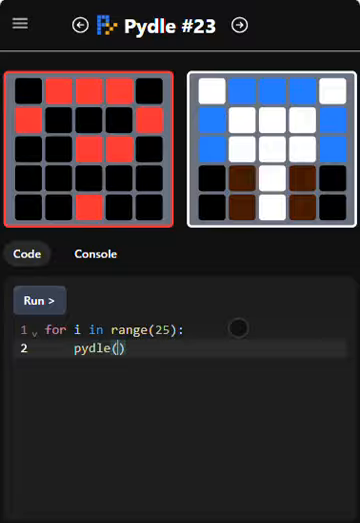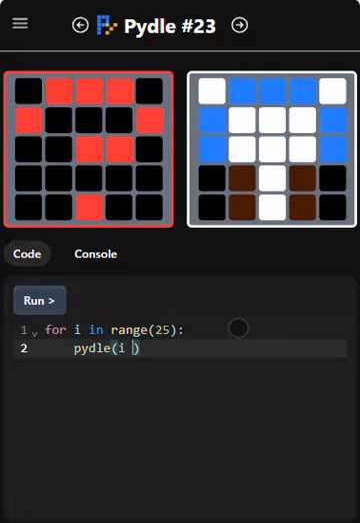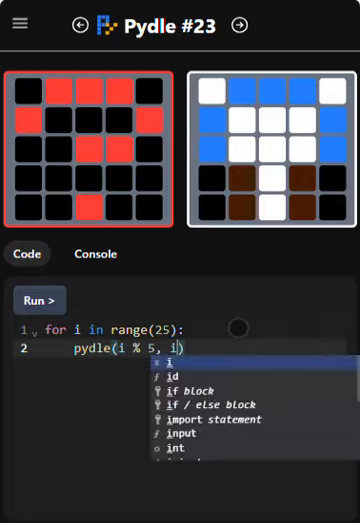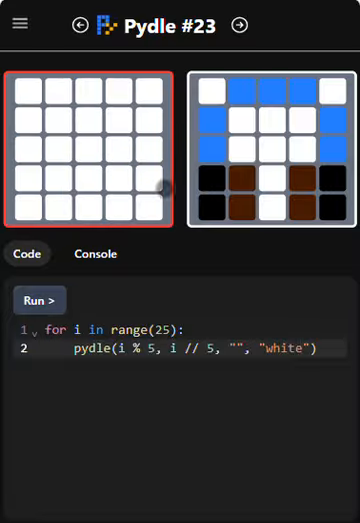Previously we would have done the y first, but now it's the x first. So x is i modulus 5, and y is i integer division 5, and white. It doesn't really matter for the background as we are filling the whole canvas.